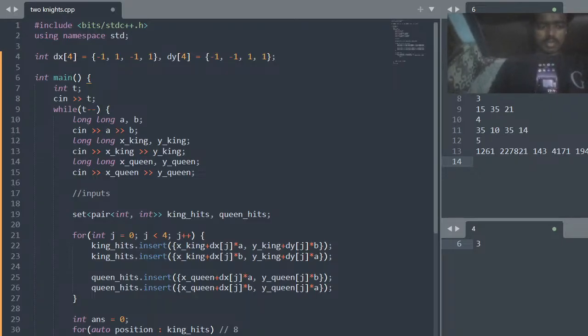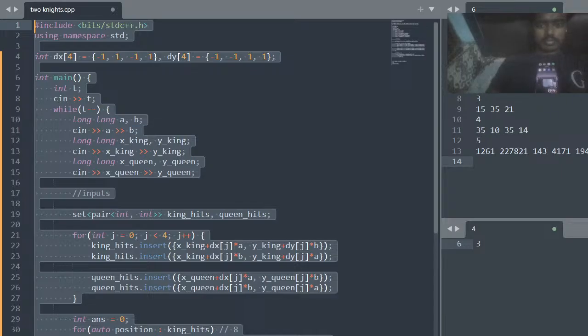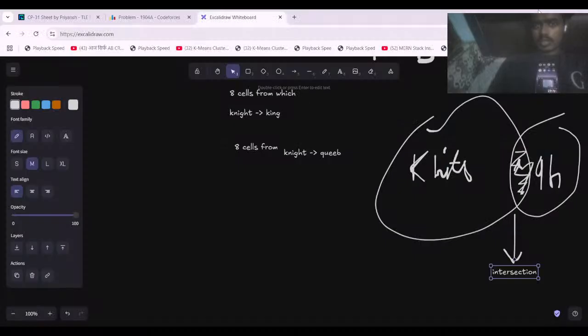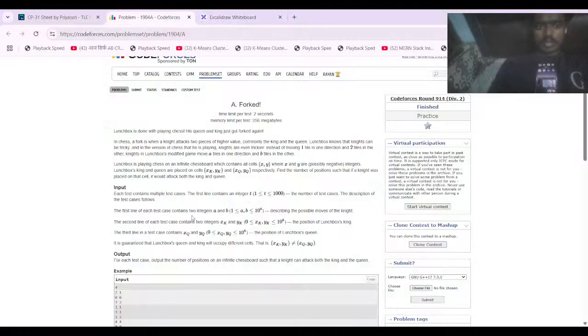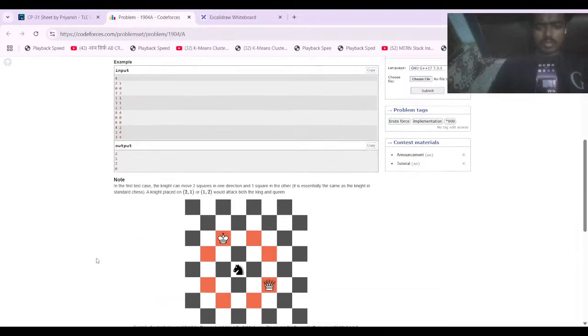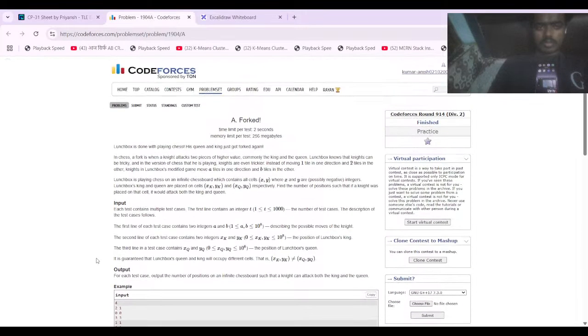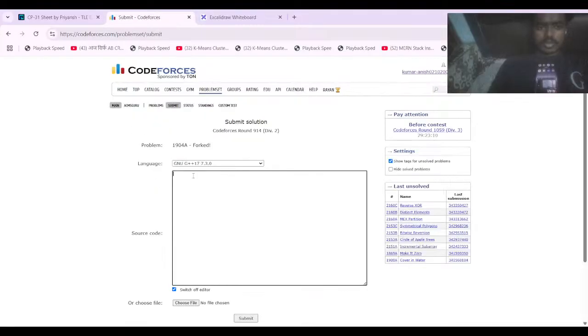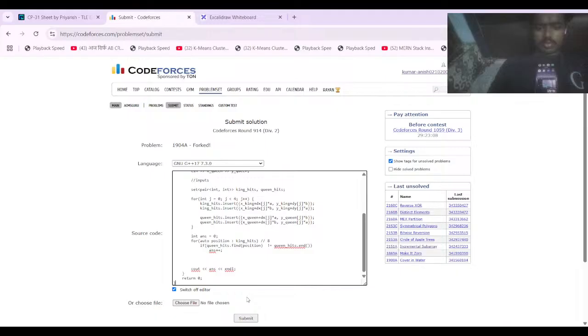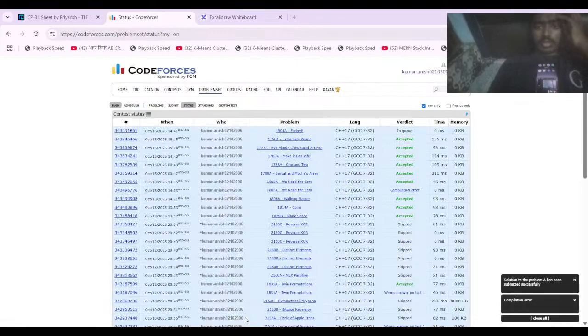So yeah, copy this code and then like to submit the code. I think accept तो हो जाना चाहिए यार.